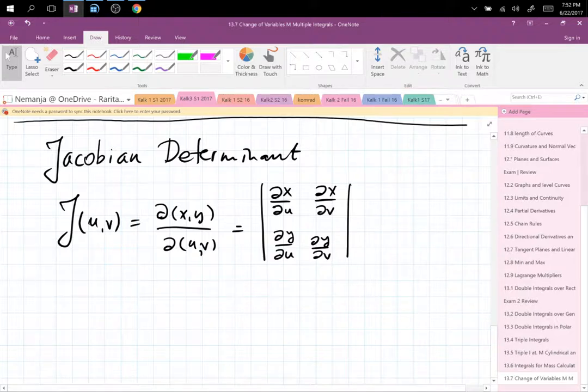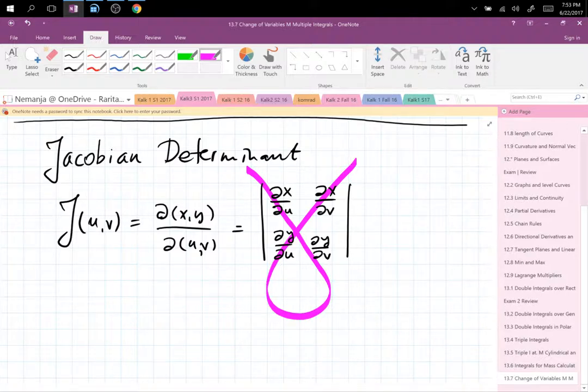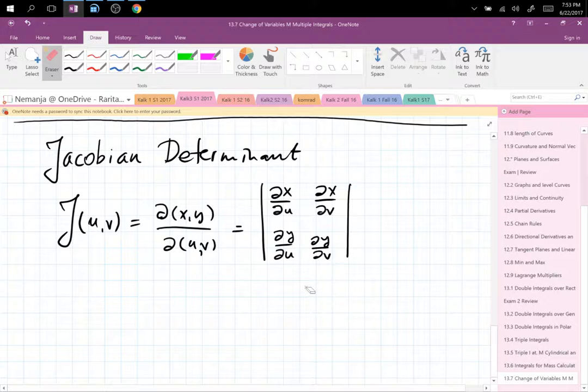That's the Jacobian determinant. You know how to solve these determinants. You go across and then out the other side with a minus in between and a multiplication symbol, right? So you know how to compute the determinant of a 2 by 2 matrix.